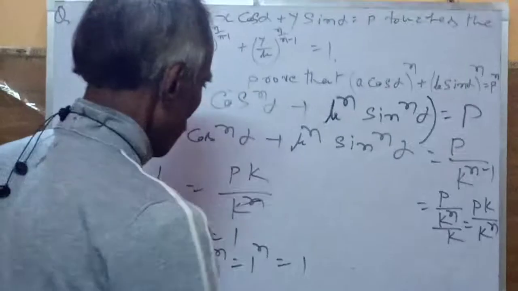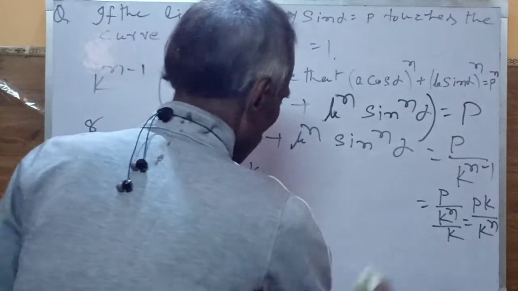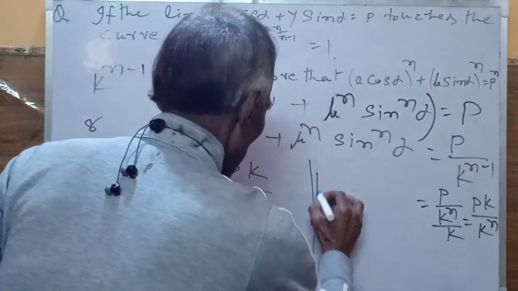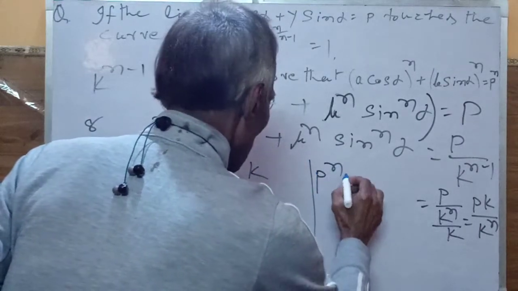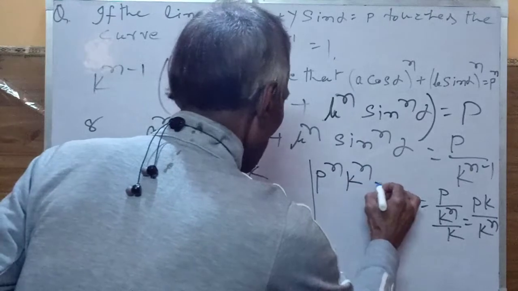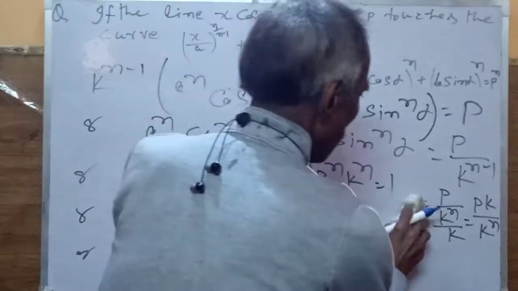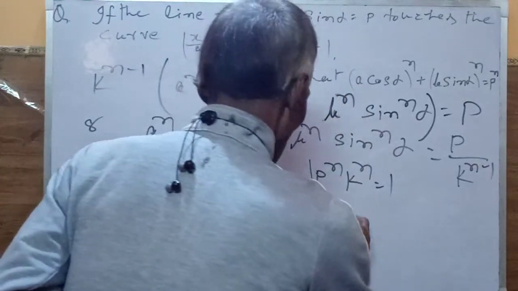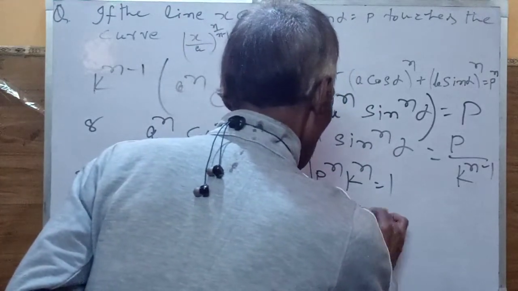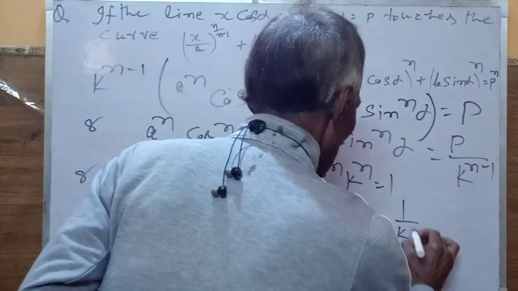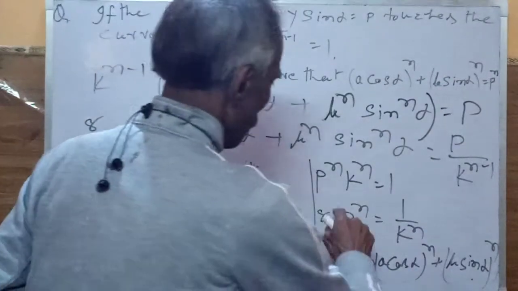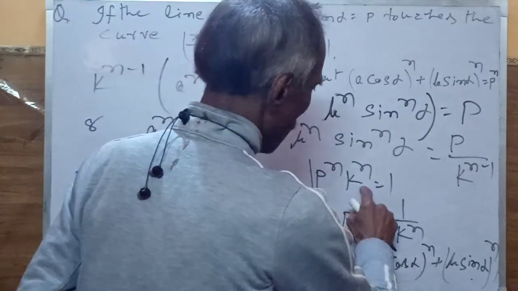This part can be written as p^n k^n is equal to 1, or p^n is equal to 1 by k^n, and this is equal to p^n k^n is equal to 1.